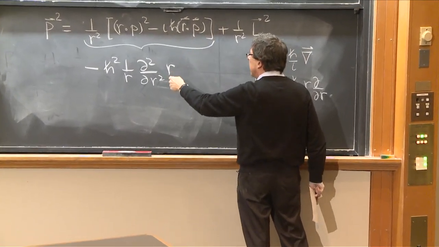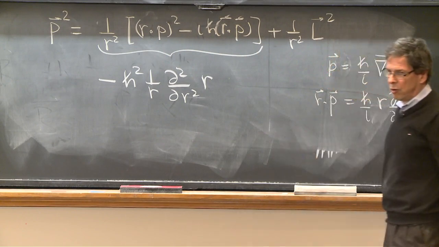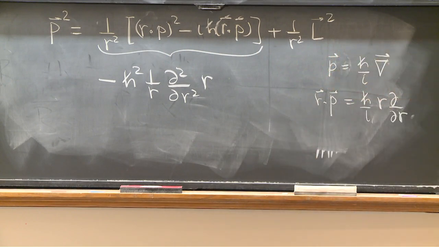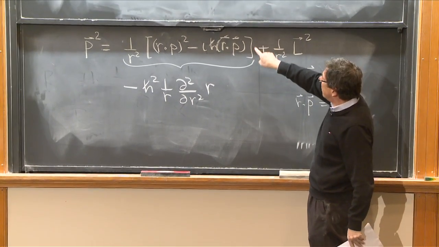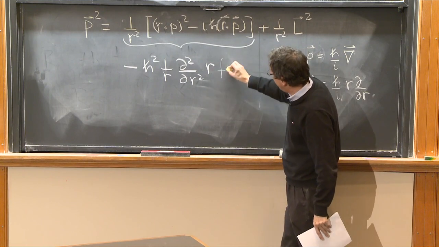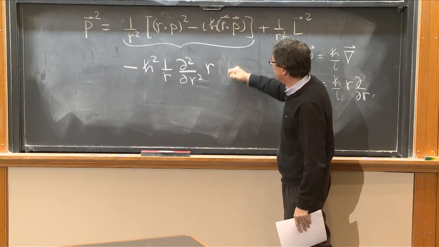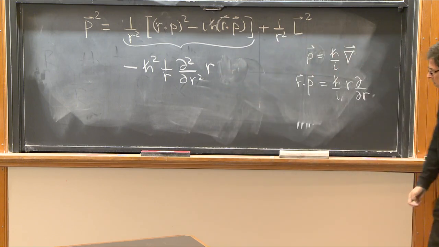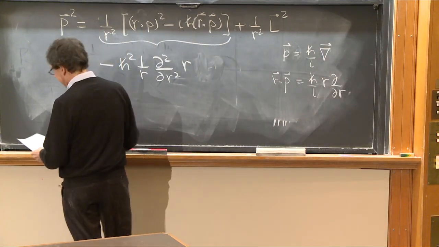I see no R. But this is a kind of a trick to rewrite everything in a short way. So if you want, think of this as acting on some function of R, and see what it is, and then you put a function of R here and calculate it, and you will see you get the same. So it's a good thing to try that. So P squared is given by this.